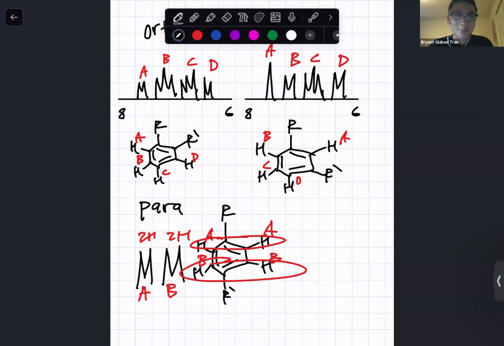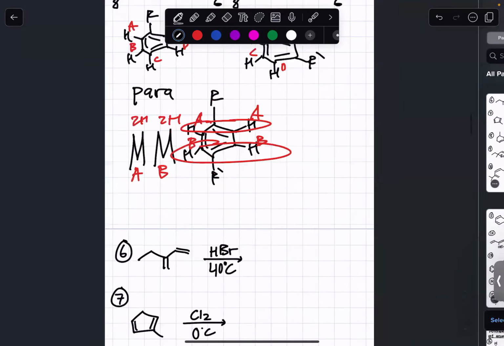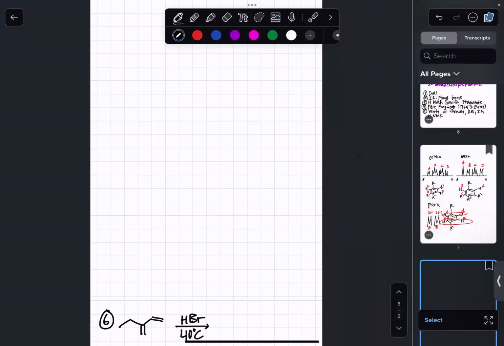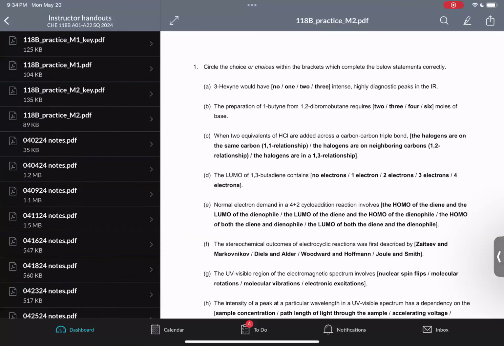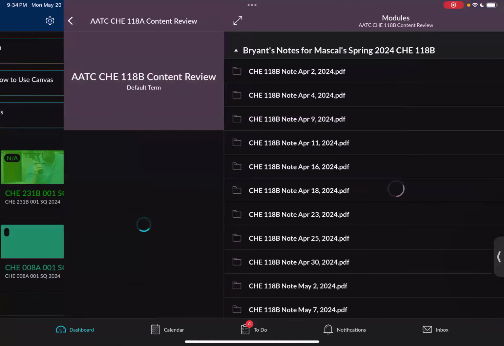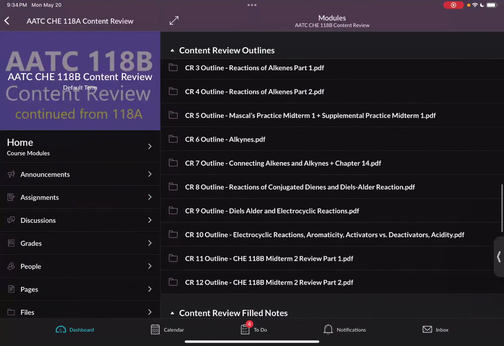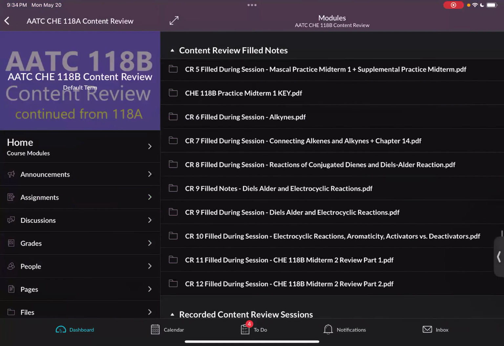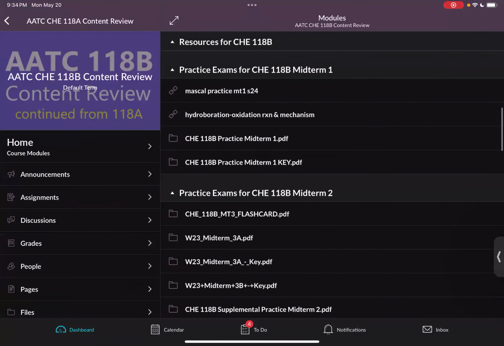Oh, right, yeah. It's very hard to see with the peaks. For Helix's exam, was it di-substituted or tri-substituted? It was midterm 3, section B.